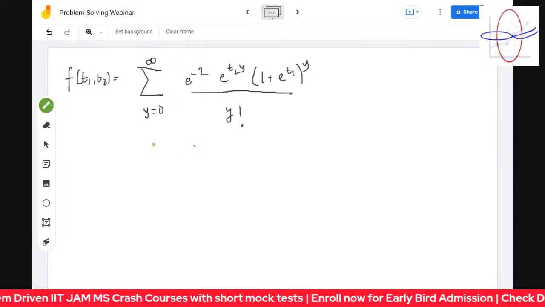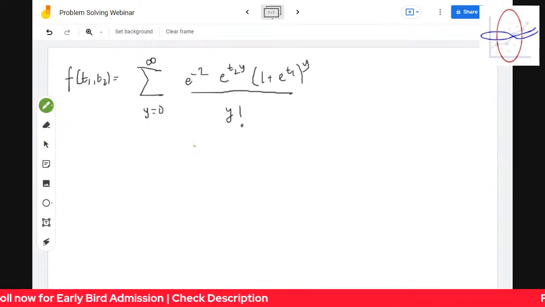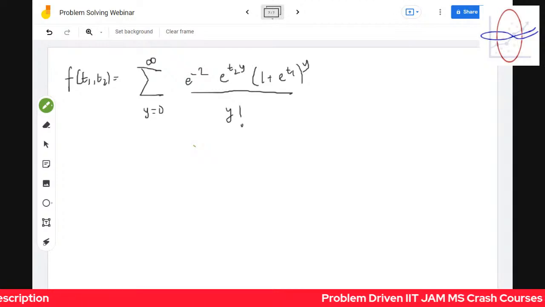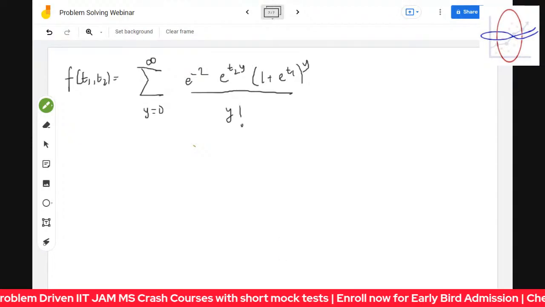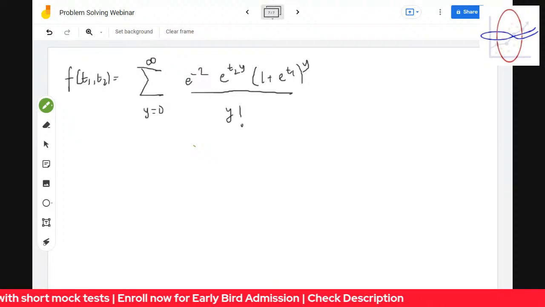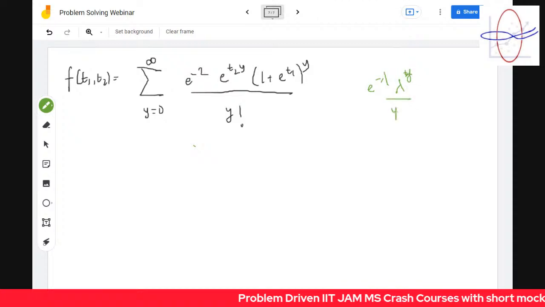What is the Poisson PMF? It is e to the power minus lambda, lambda to the power y by y factorial, it will be y only here.